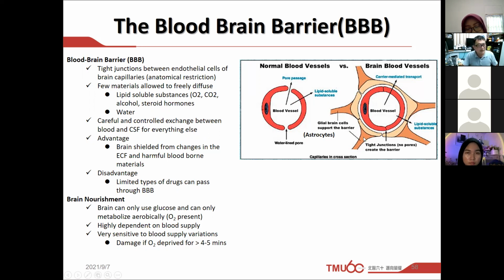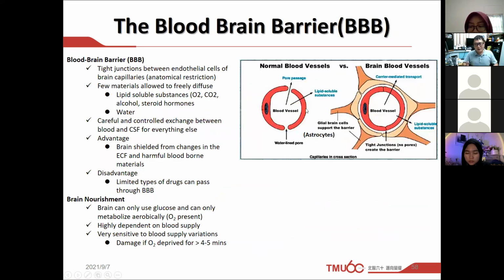But in the brain, you can see they have another type of cell, astrocytes, protecting the outside of the endothelial cells. So what happened? With the tight junction, it only allows glucose and oxygen to go into the vessel. So this structure we call the BBB.